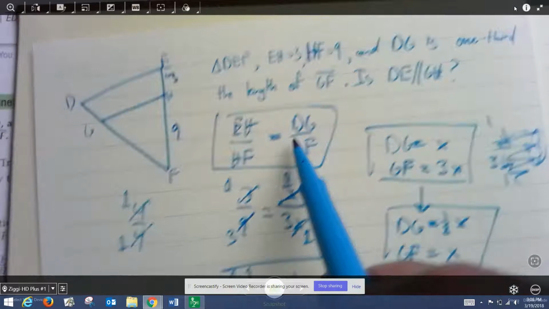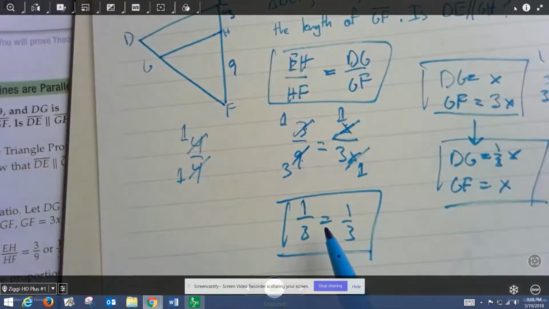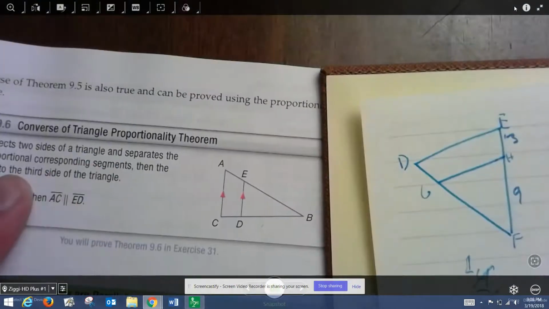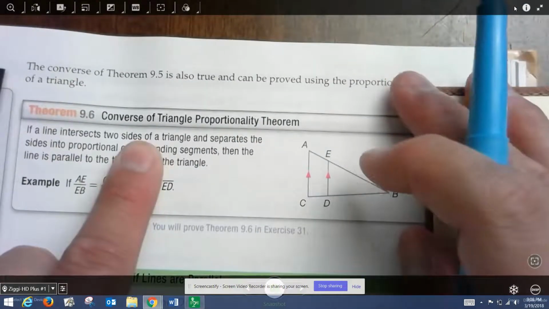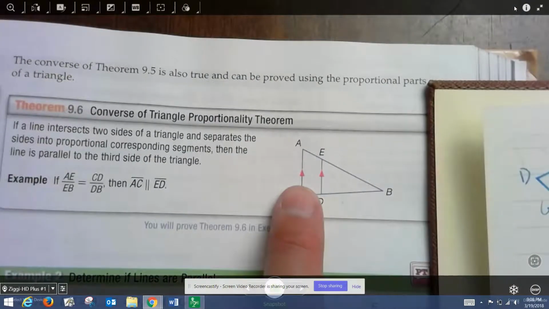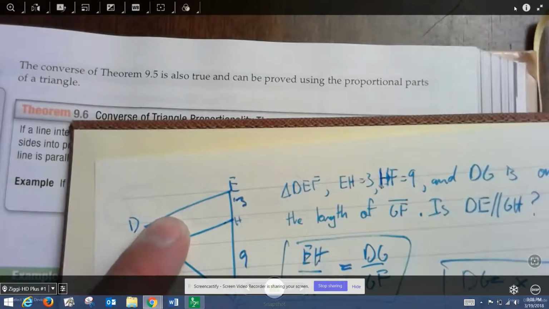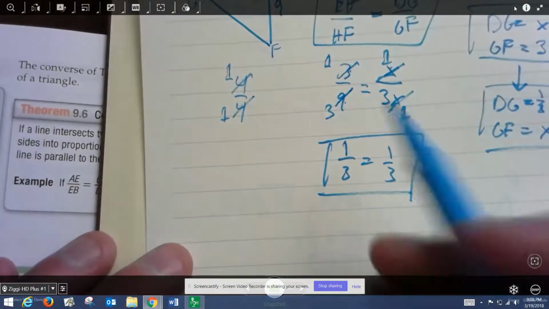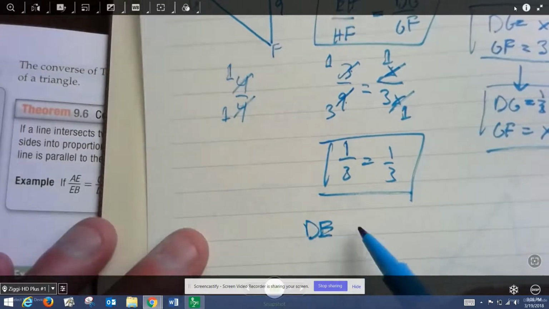They are the same ratio, and they are proportional to each other. So by the converse of the triangle proportionality theorem, in our case, DE must be parallel to GH. I'm sorry, GH.